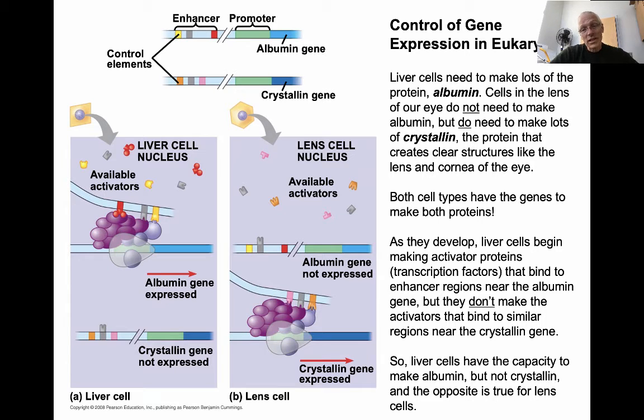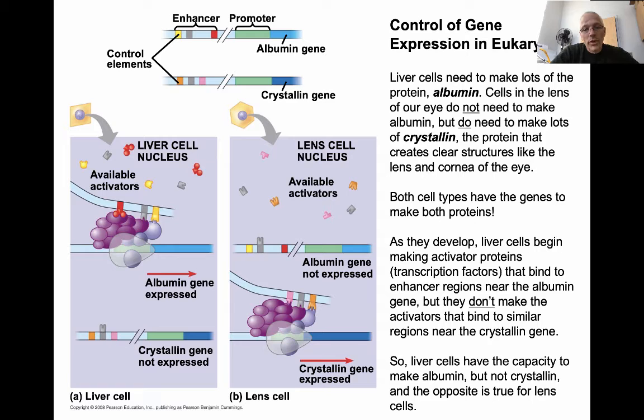Those crystallin proteins build the transparent structure of the lens so that light can pass through and be focused onto the retina of our eye. So lens cells need to be able to make crystallin so that they can make a lens and keep a lens healthy and functioning. They don't need to make albumin, a protein that's necessary for the functioning of liver cells. Liver cells need to make lots of albumin, and they don't need to make any crystallin.